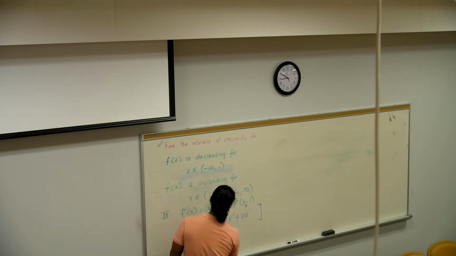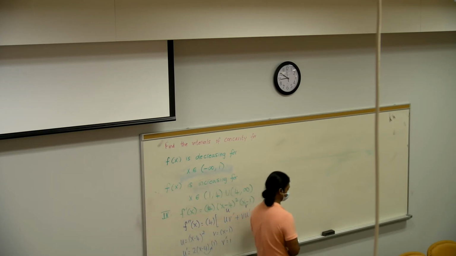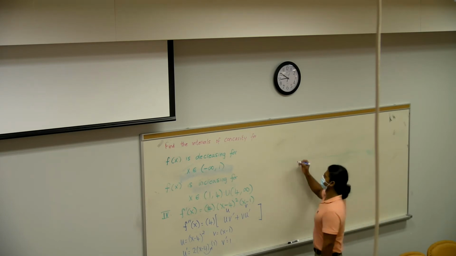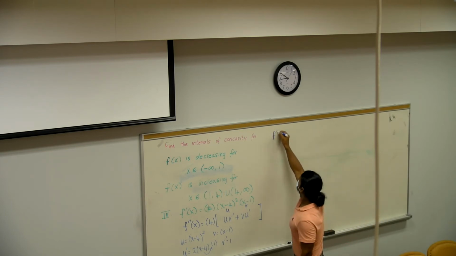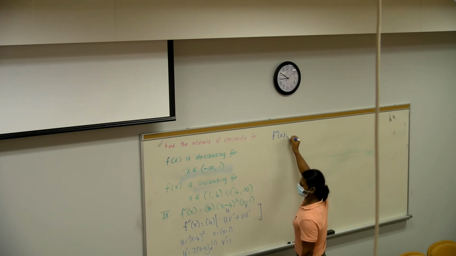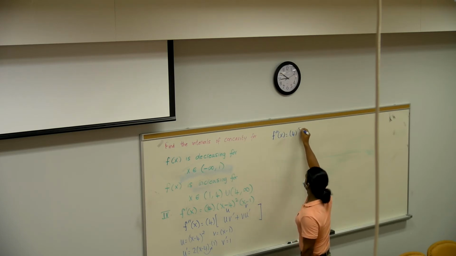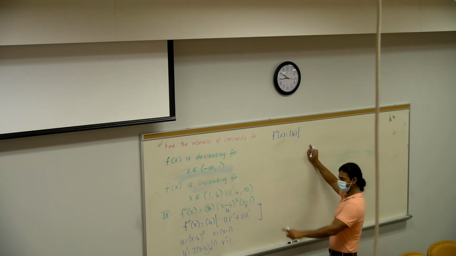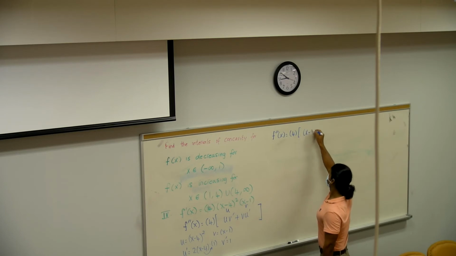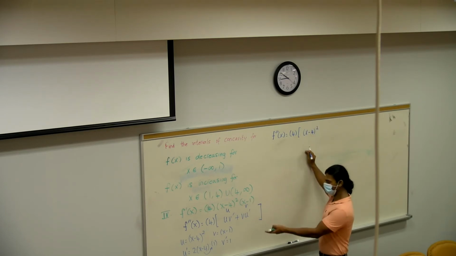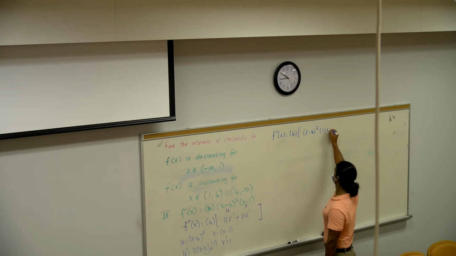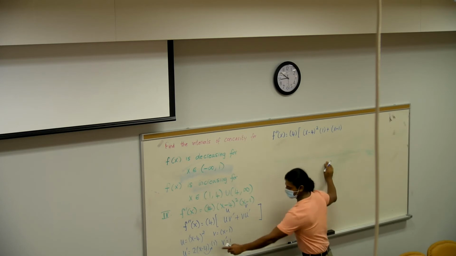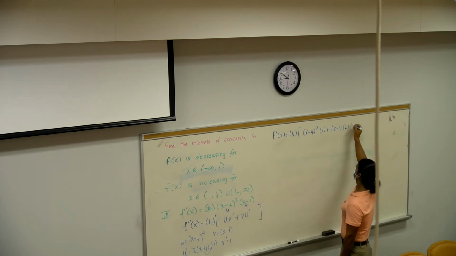V prime is 1, the derivative of x is 1, and the derivative of minus 1 is simply 0. So f double prime of x would be 4 multiplied by u, x minus 4 squared, times v prime, which is 1, plus v, which is x minus 1, times u prime, which is 2 times x minus 4.